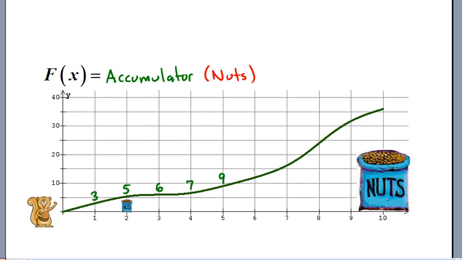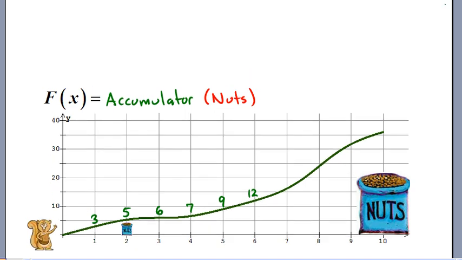And then we gather 3 nuts, 12. I'm just eyeballing the graph up above to see how many nuts I'm going to gather each day. Then I gather 4, so 16. And I gather 8. Whoa, big growth in the amount of nuts in the bag. And then another 8, 32. And then still a good day, 4 more nuts, 36.